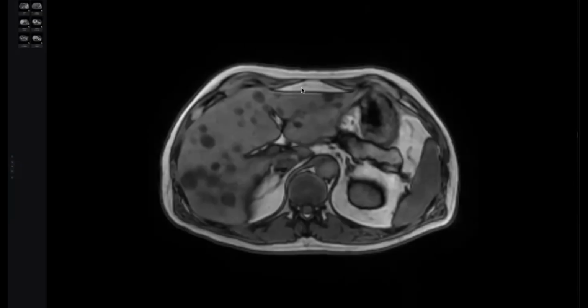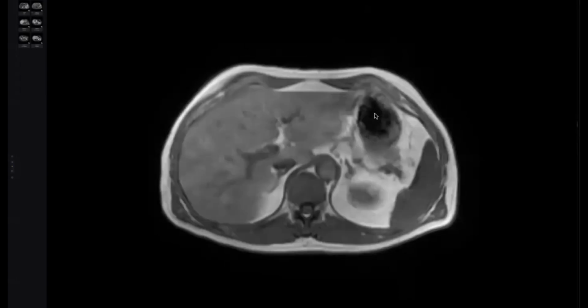What is this? This is fat. True. What is this? It's soft tissue level. Hepatocytes mainly contain water, correct? Yeah. So this chemical shift occurs at the interface between fat and water.